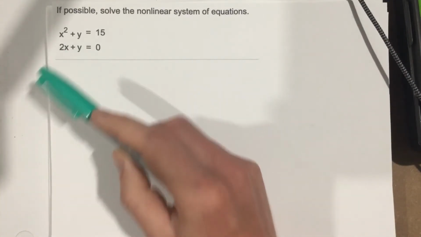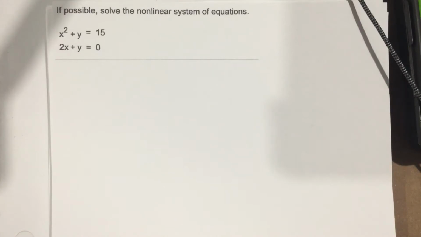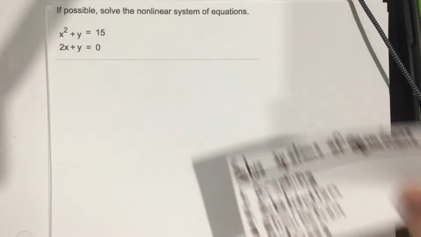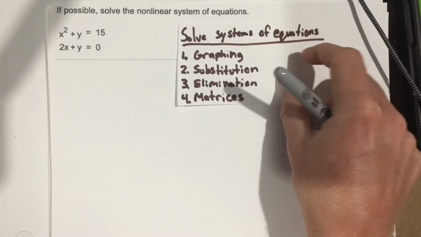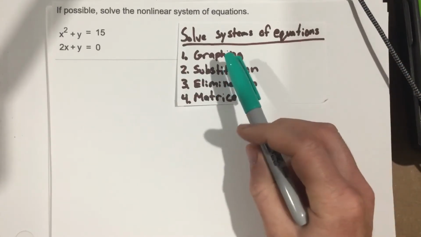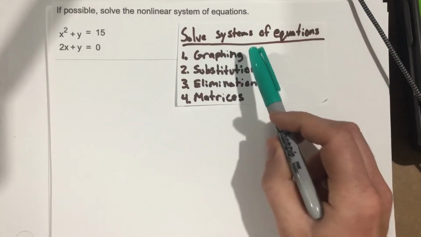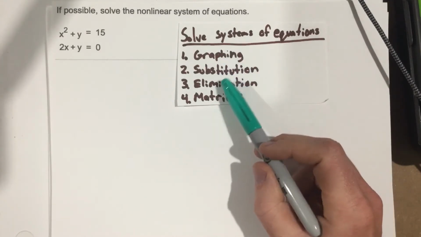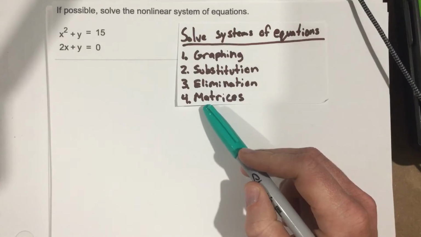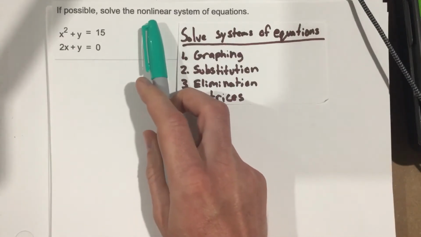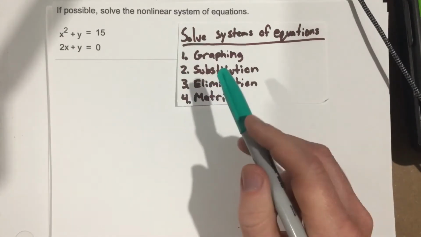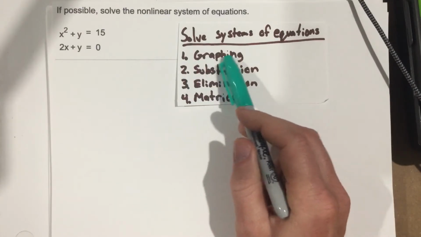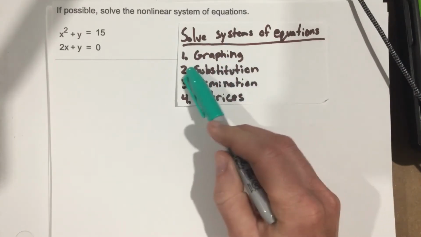So what we want to do here is, anytime we have to solve a system of equations, identify the appropriate approach. There are 4 ways to solve any system of equations: the first way is graphing, the second way is substitution, third way is elimination, fourth way is matrices. Anytime you have a nonlinear system, usually I'm going to be looking for either solving it using graphing or substitution.